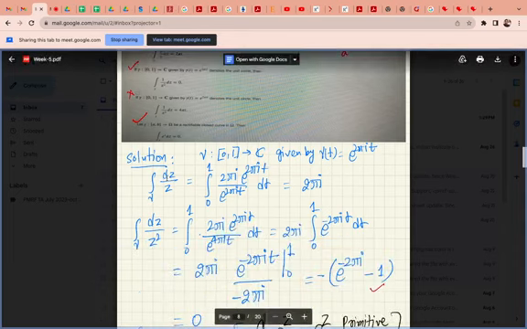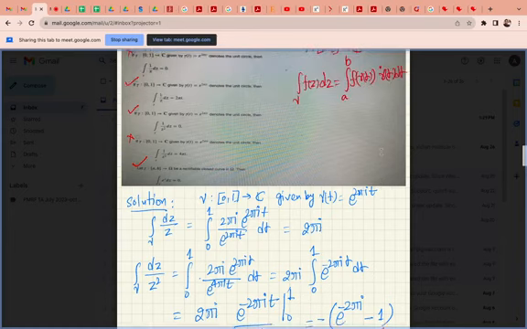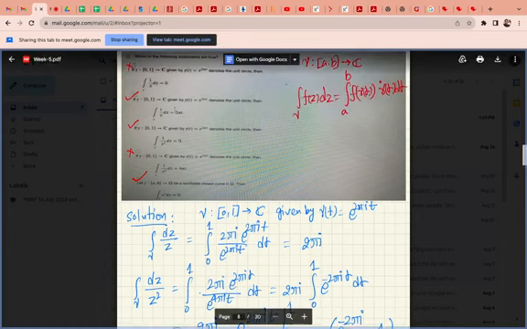The integral of 1 by z over gamma is nothing but the integral from 0 to 1, so again you have to apply the formula, f of gamma t into gamma dot t. So this will be nothing but 2 pi i e to the power 2 pi iota t upon e to the power 2 pi iota t dt. So this will be 2 pi i. So hence it is not 0. So this thing is correct.